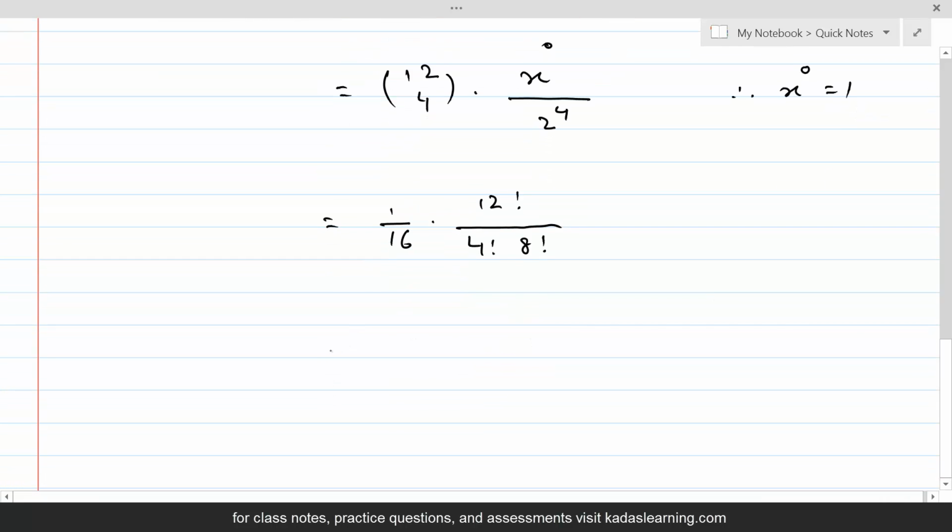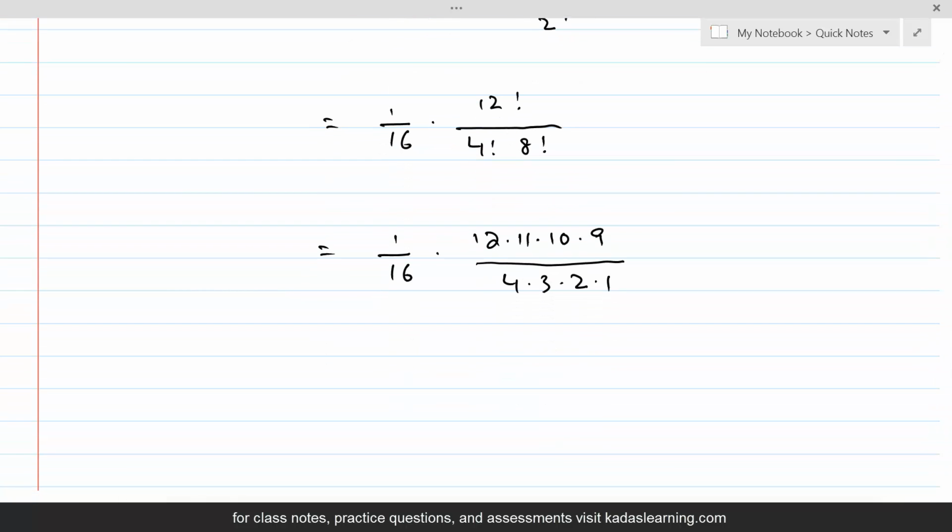So this is equal to 1/16 times (12 × 11 × 10 × 9) over (4 × 3 × 2 × 1). We can simplify it, and whatever answer we get would be the answer for the given expression.